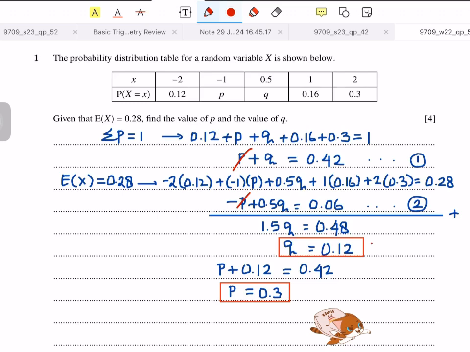Then Q is equal to 0.12, and then we use the first equation to find the value of P. P plus 0.12 is equal to 0.42. P is equal to 0.3.